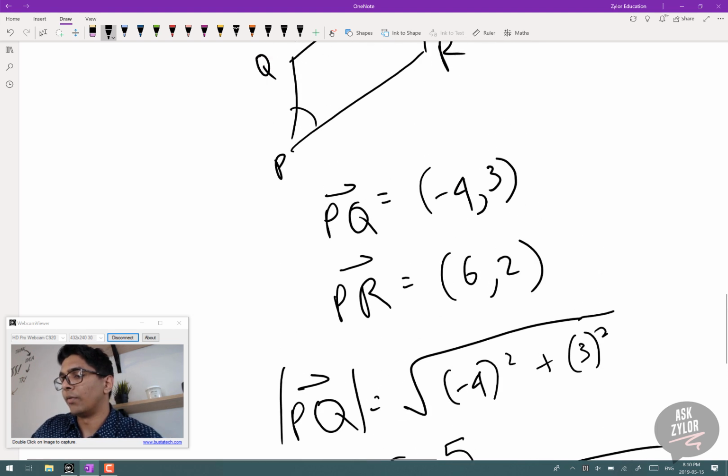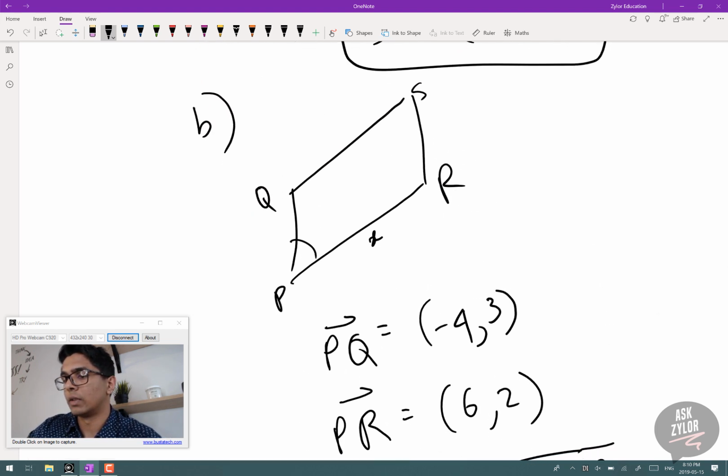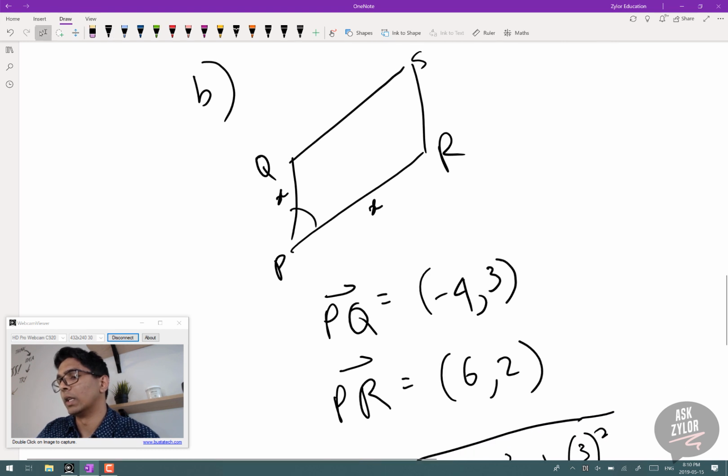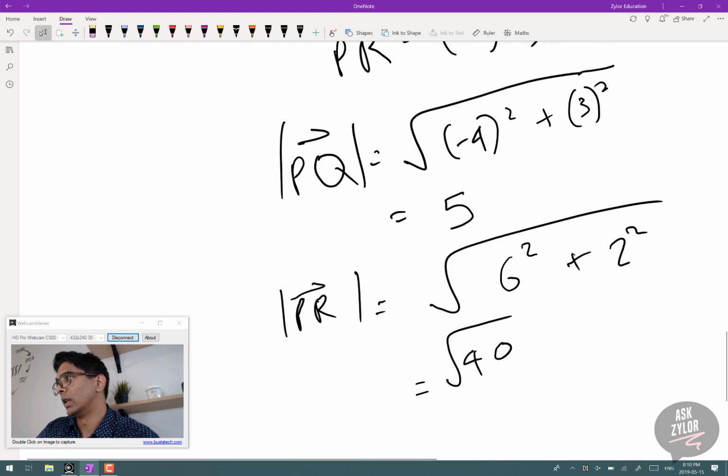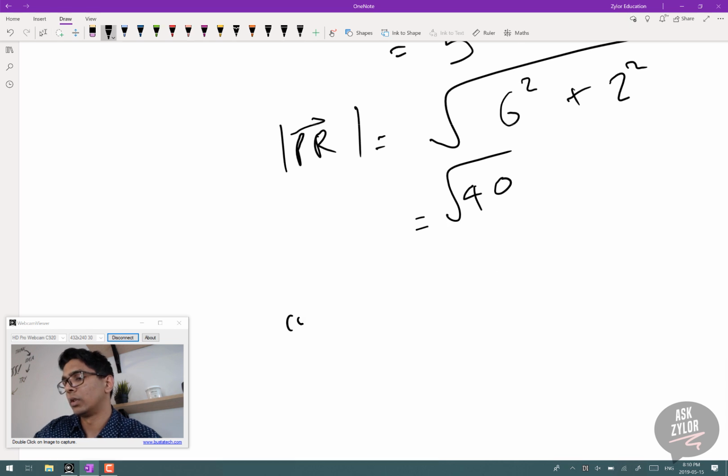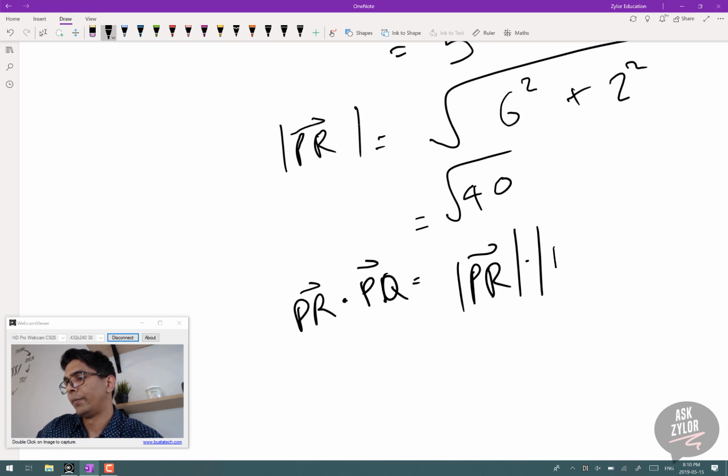So then I found the values of this and this. Right? So what can I do with that? I can use the dot product equation essentially. So it's going to be PR dot PQ is equal to the magnitude of PR, magnitude of PQ, times the cos of the angle between each of these vectors.